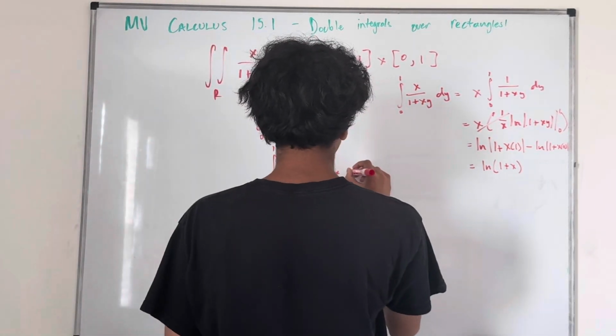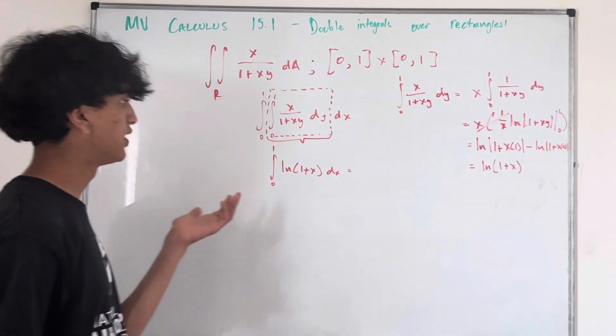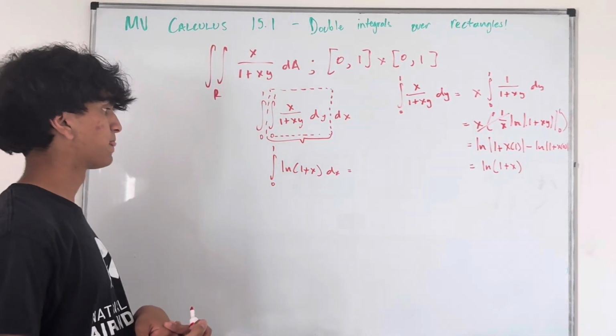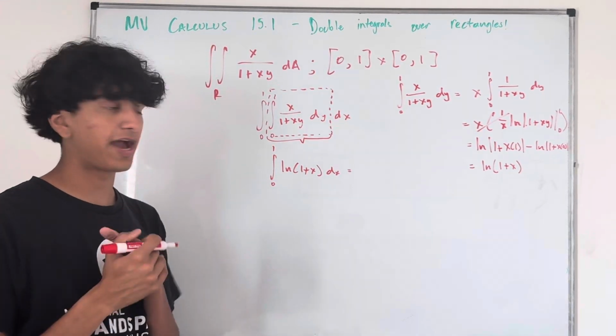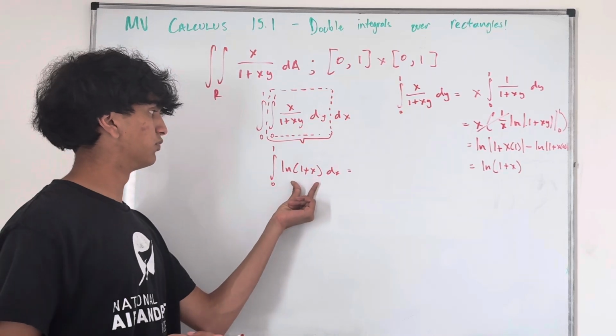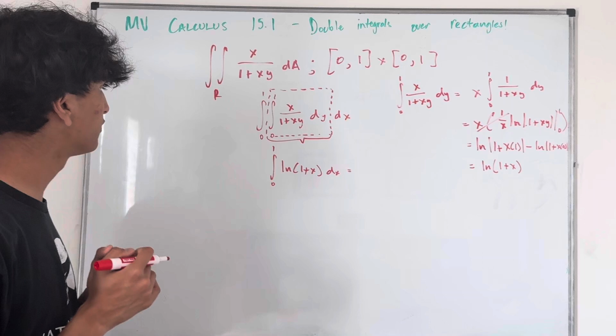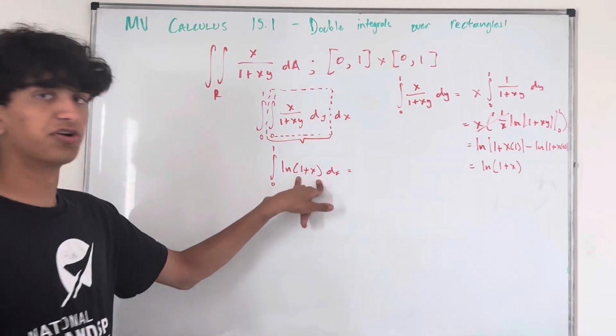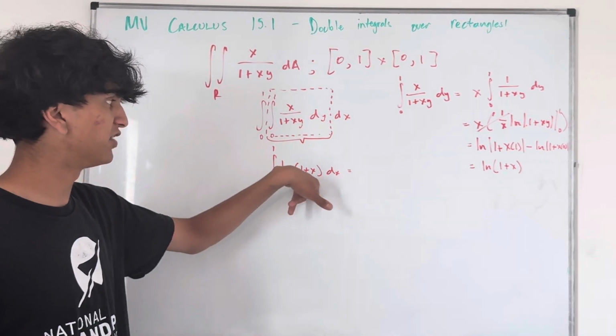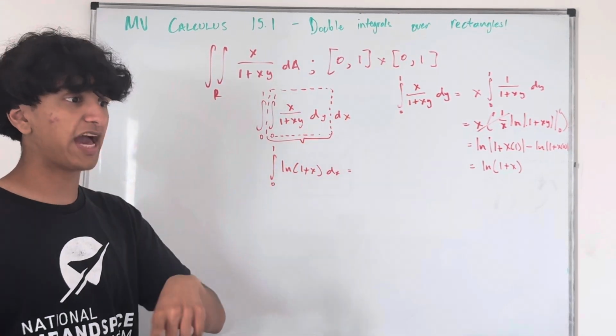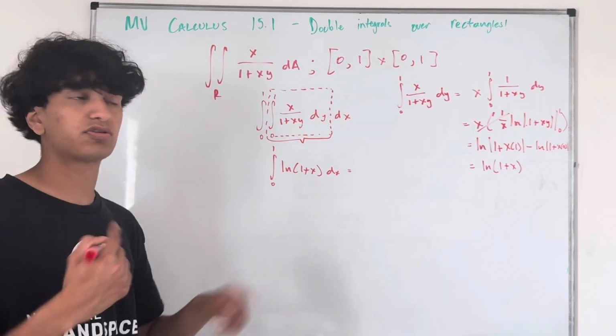So now here we're gonna take the integral of natural log 1 plus x, and note that first of all, the 1 plus won't really make a difference here, because if you think about the chain rule, if you were to take the derivative of the inside of 1 plus x, you just get 1. So you're just multiplying by 1.